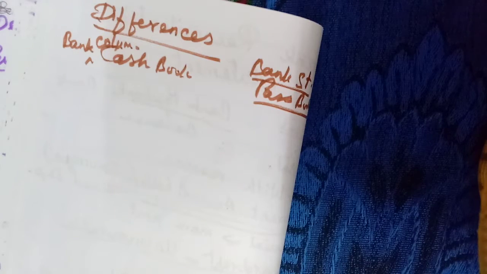If the bank is asked to do some service for business people, they will charge some amount as bank service charges. Once they receive the amount or make the payment, they will enter it in the passbook.